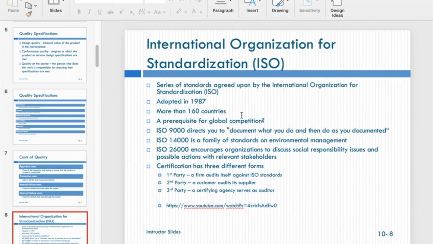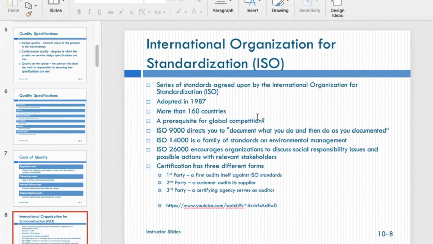The reason behind it is very simple. Starting from the 1980s or 1990s, firm with firm, industry with industry, started to globalize. In the old days, every firm and every industry may have had their own quality management criteria. But since firms started to globalize, in different countries they cannot have totally different criteria.